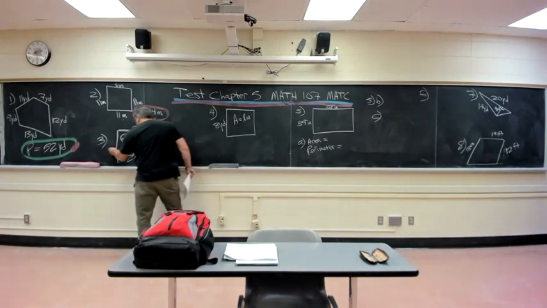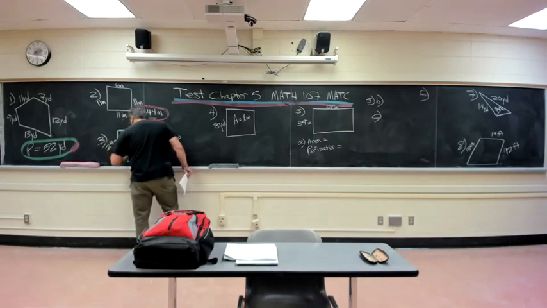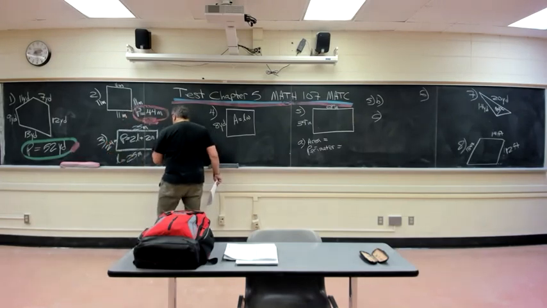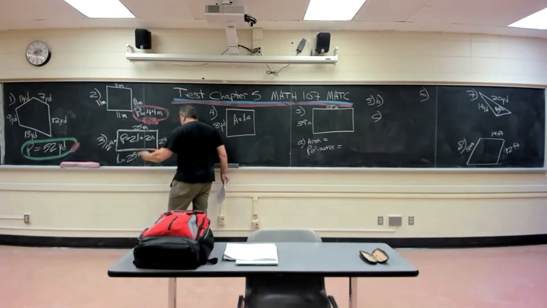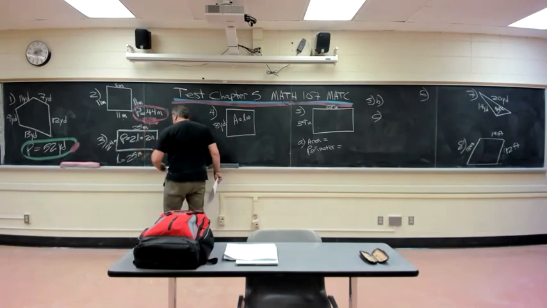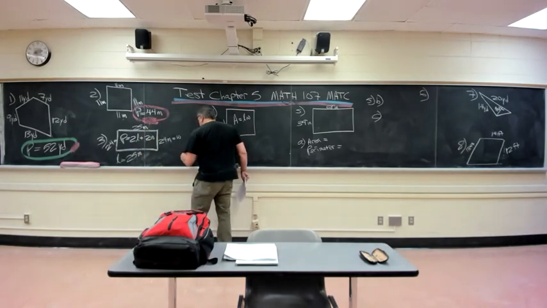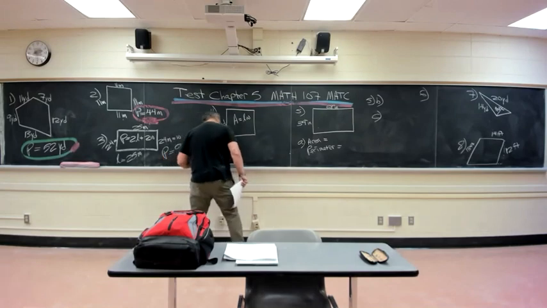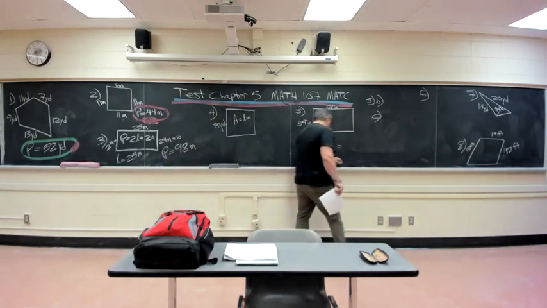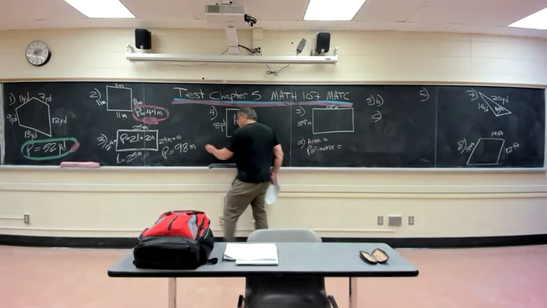If it's 24 meters here, it's 24 meters there. Basically, 24 and 24 is 48. 25 and 25 is 50. 50 and 48 is 98 meters. So that's this one.